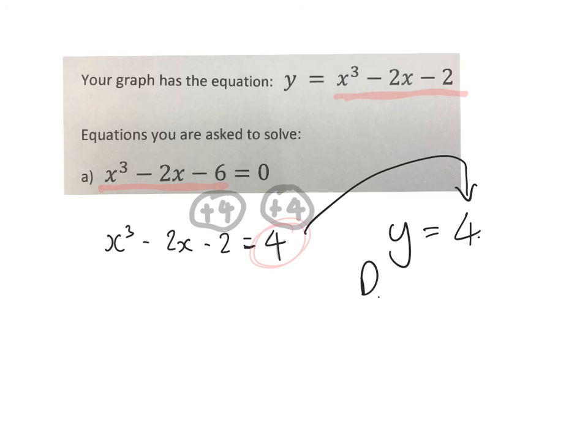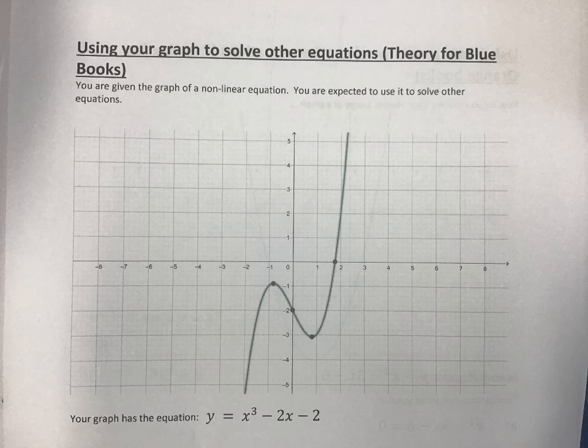And we have to draw this line. Okay, now the line y equals 4 is the horizontal line that goes through the y-axis at 4. So let's draw it. Okay, and that's the line.